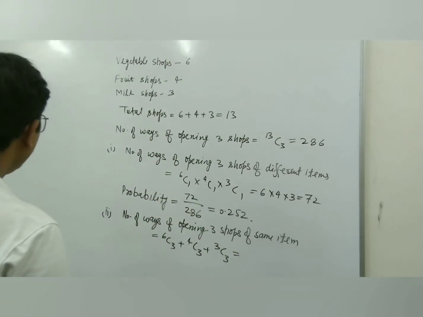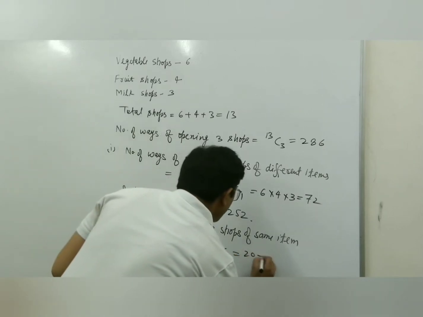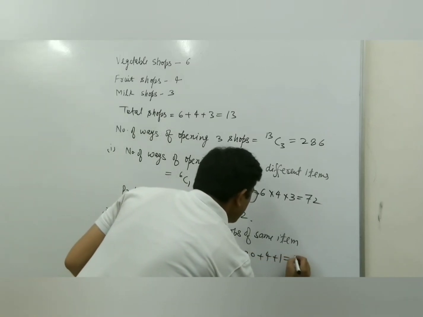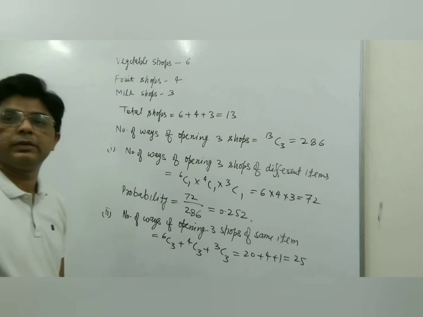After calculating, we can find this is equal to 20 plus 4 plus 1, that is equal to 25.